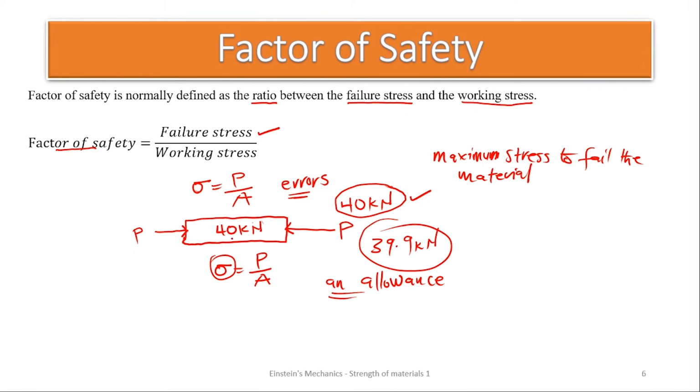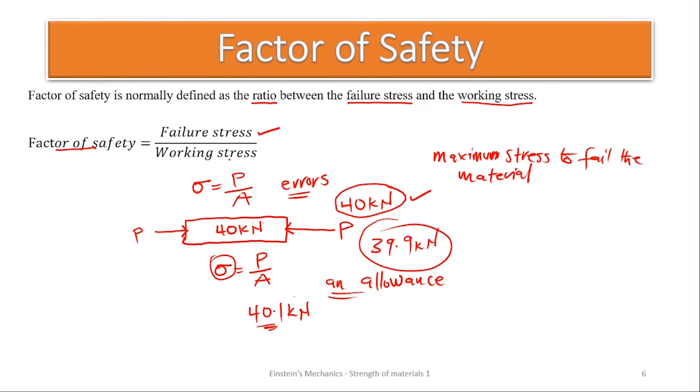So if this bar is going to contain a 40 kilonewton force, the failure stress can be any moment from 40.1 kilonewton, because at this force, this bar will break. That's the failure stress. And the working stress is the permissible stress. Any force less than this 40 kilonewton will be in the working stress. That is the force or the stress this bar can withstand without a failure. So it's always the failure stress over the working stress.